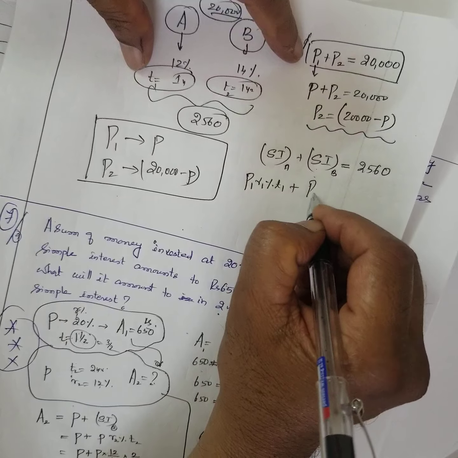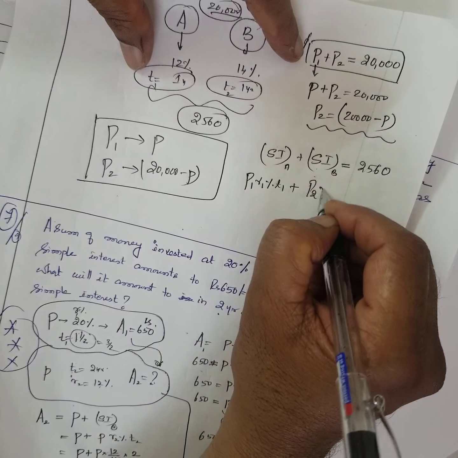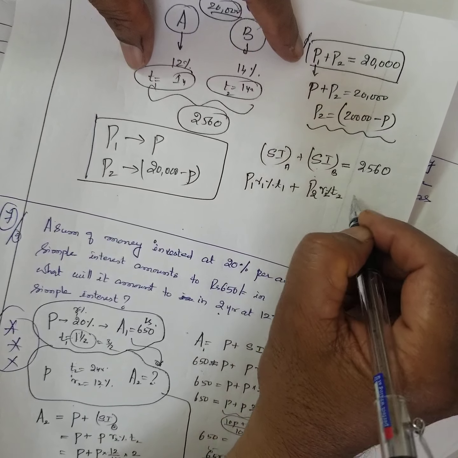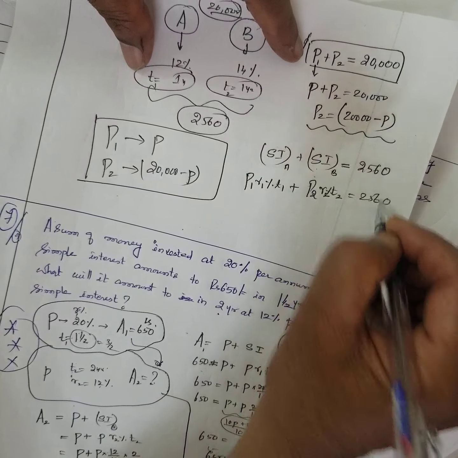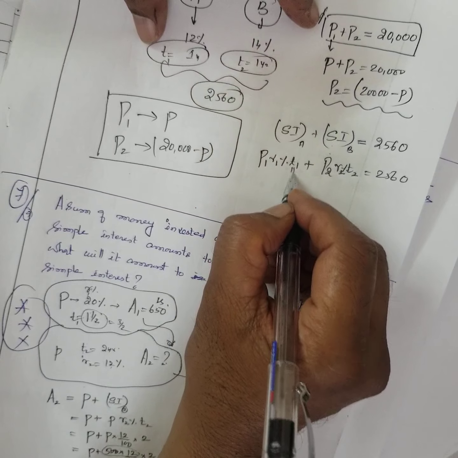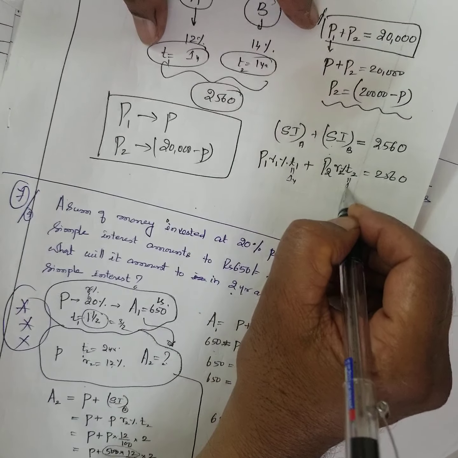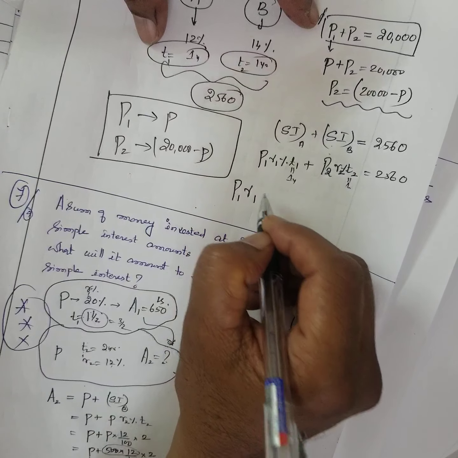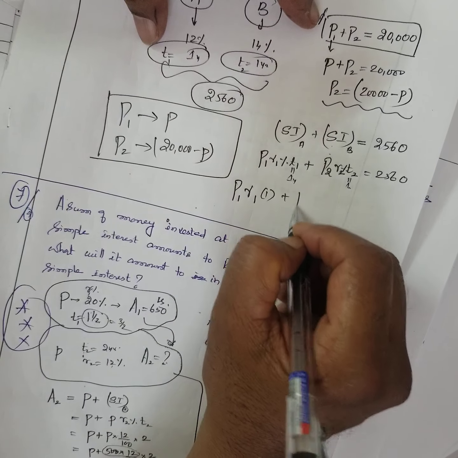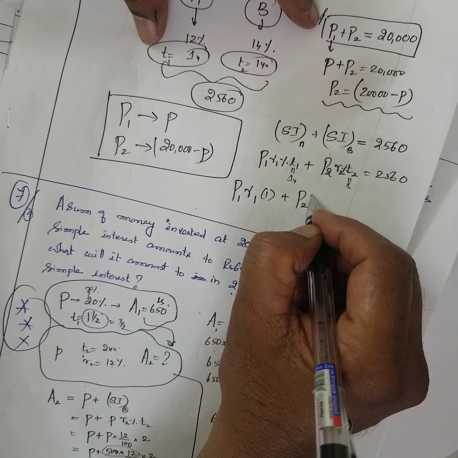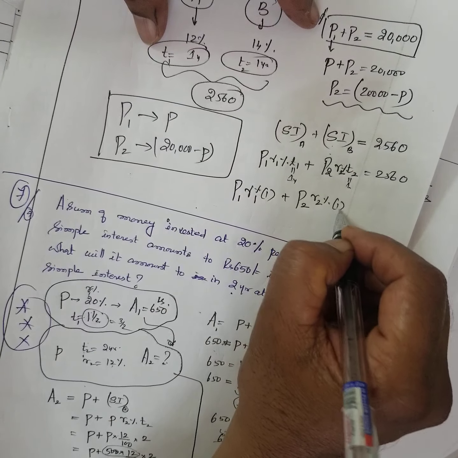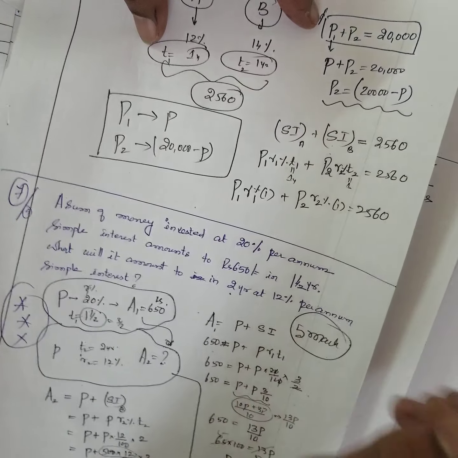Again P2 R2 T2, R2% is equal to 2560. T1 is 1 year. This is also 1 year. Therefore, P1 R1, this is 1 year. Similarly, P2 R2, this is R2%, this is also 1 year, is equal to 2560.